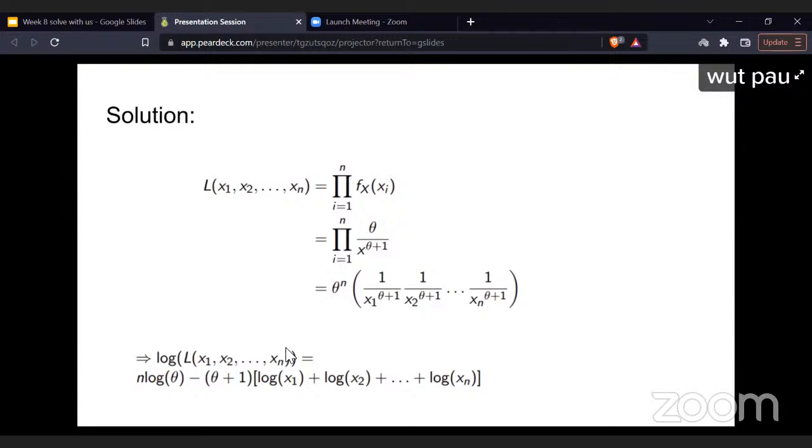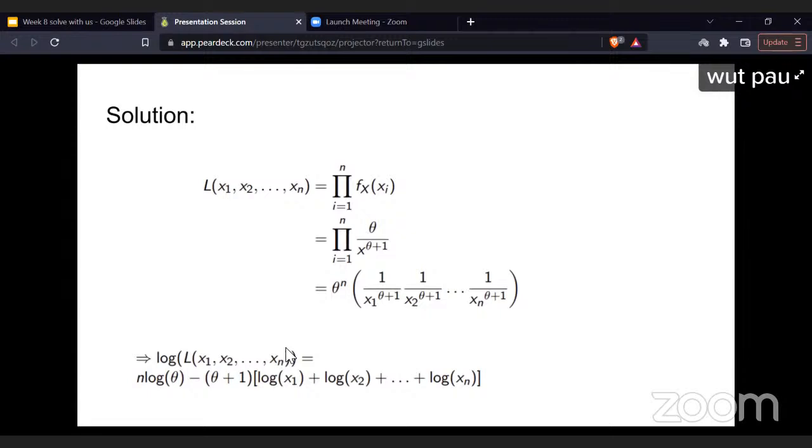Your voice is not very clear. Yes. So you can write now, since it is x1 x2 up to xn to the power theta plus 1, you take it to the numerator part. Once it goes to the numerator, it becomes x1 x2 ... xn to the power minus theta plus 1.